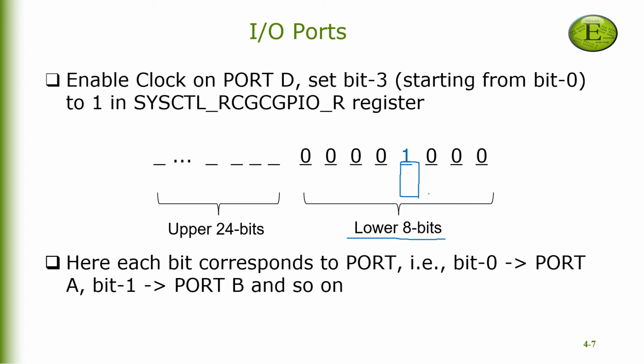Assuming that we wish to disable the clock on the remaining ports, the only bit that we are interested in setting is the 4th bit. Starting from the least significant bit, that is the 0th bit, this one is going to be the 4th bit.